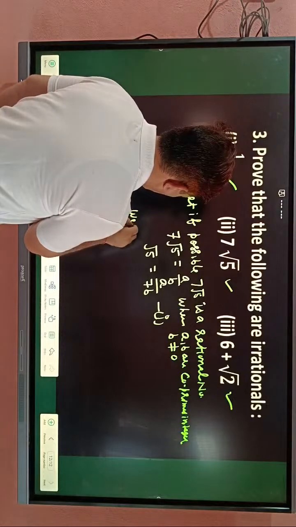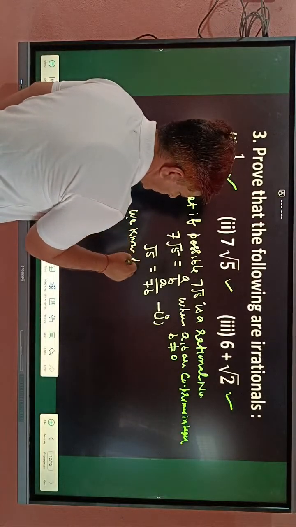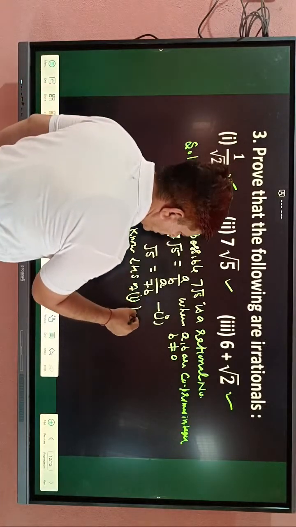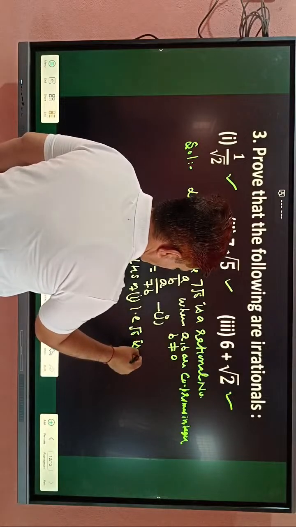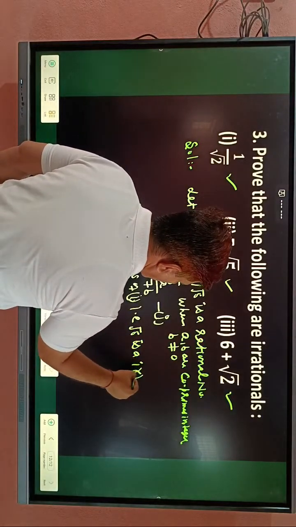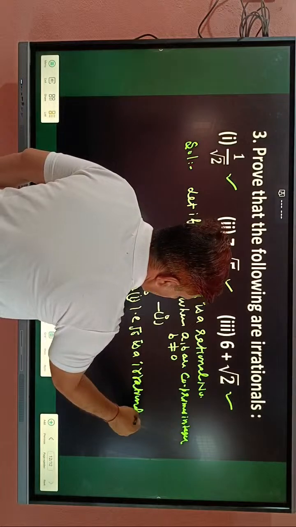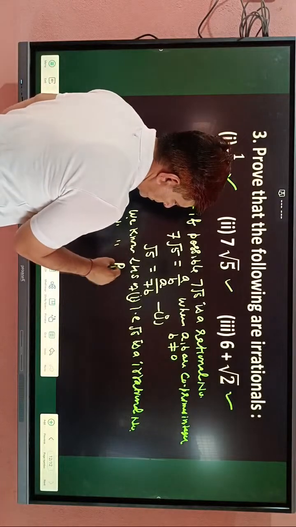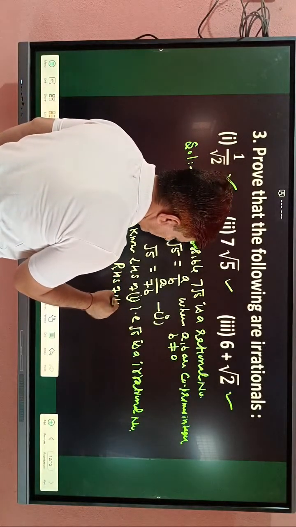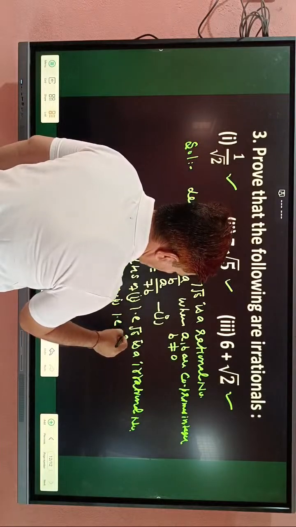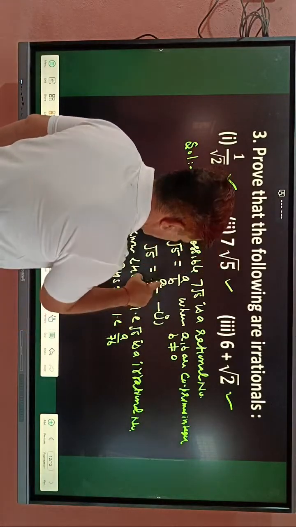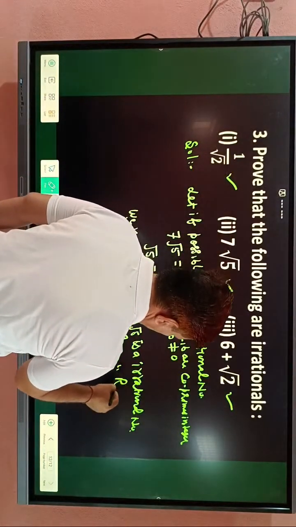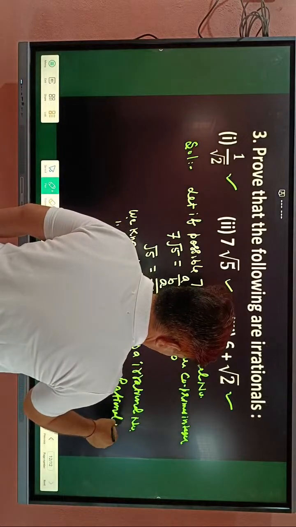We know LHS of first, that is under root 5, is an irrational number. We know RHS of first, that is a by 7b, integer divided by integer, definitely a rational number.